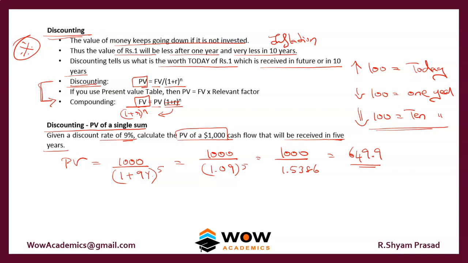But you might wonder how this number came. You can also get this number like this: 1.09 into 1.09 into 1.09 into 1.09 into 1.09. If you do, you will get this. As this is very tough, it's better to do this one. So you can just take 1.09, take a scientific calculator, put the power button like this, and put 5.